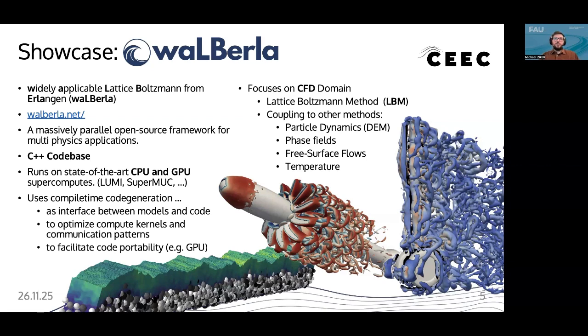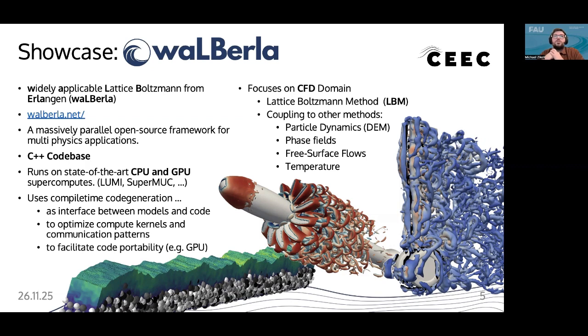It is a C++ framework, and it runs on most of the state-of-the-art supercomputers, for example, LUMI, SuperMUC, many more. And you can use it for CPUs and GPUs. So it runs on both kinds of architectures.